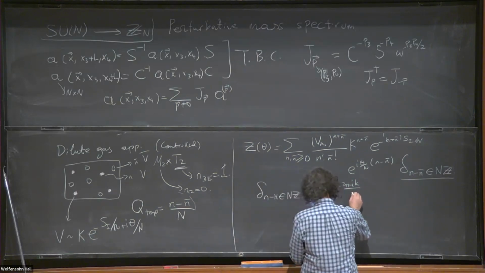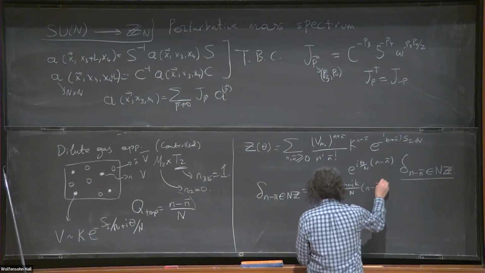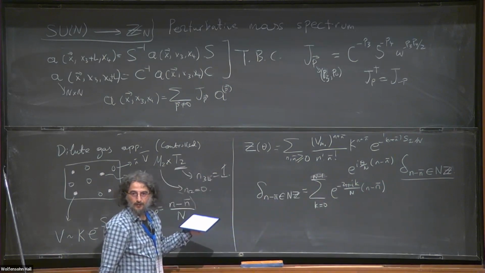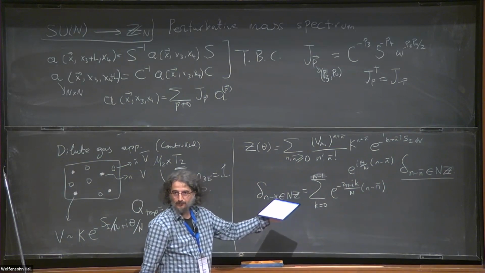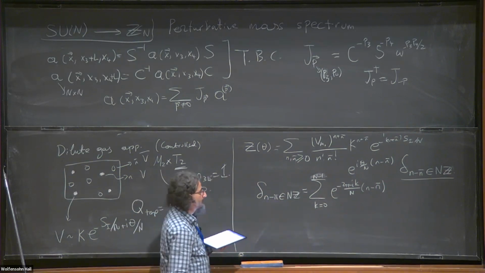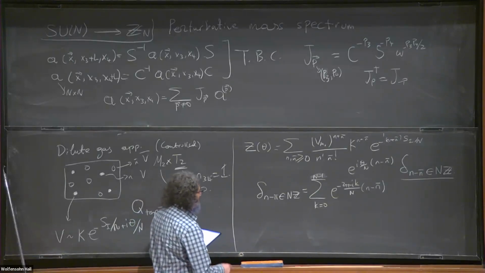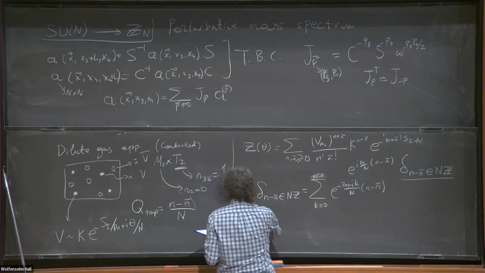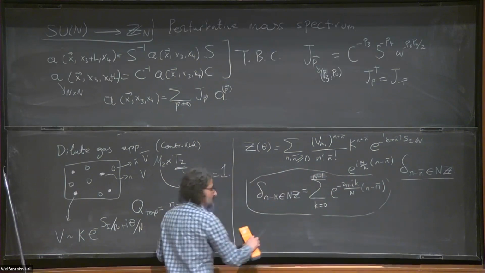This part, n minus n bar. I just wrote this Kronecker delta by using the Fourier transform. Okay. Now, let me do this. If everybody wrote this formula, I will be a little bit lazy in writing.